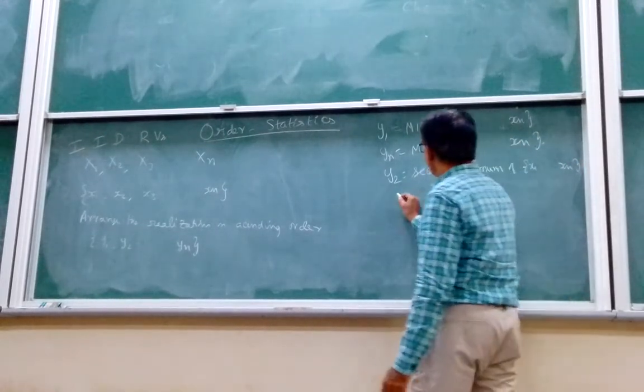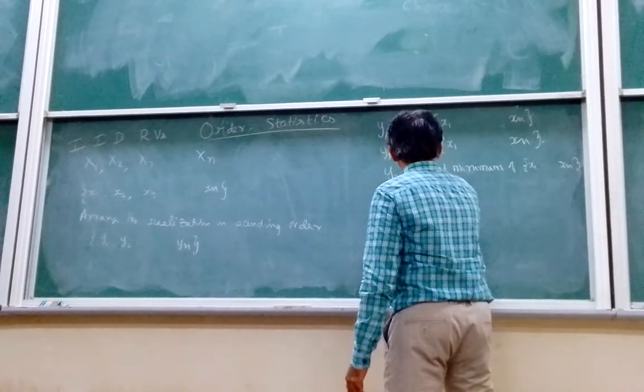Similarly, you can think of yi as the ith minimum.